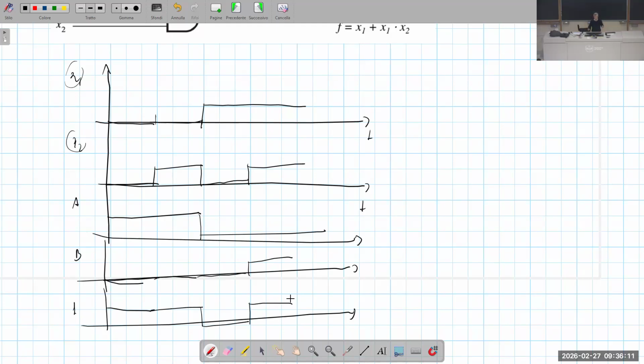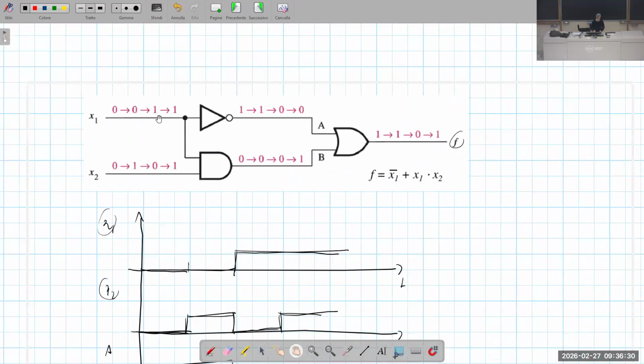Okay? I think it's quite straightforward how to analyze a combinational network starting from a given behavior of the external inputs. So basically, we have to propagate the logic values of the inputs to the outputs of the first level of gates, then based on the outputs of the first level of gates, calculate the outputs of the next level of gates till we reach the external output.